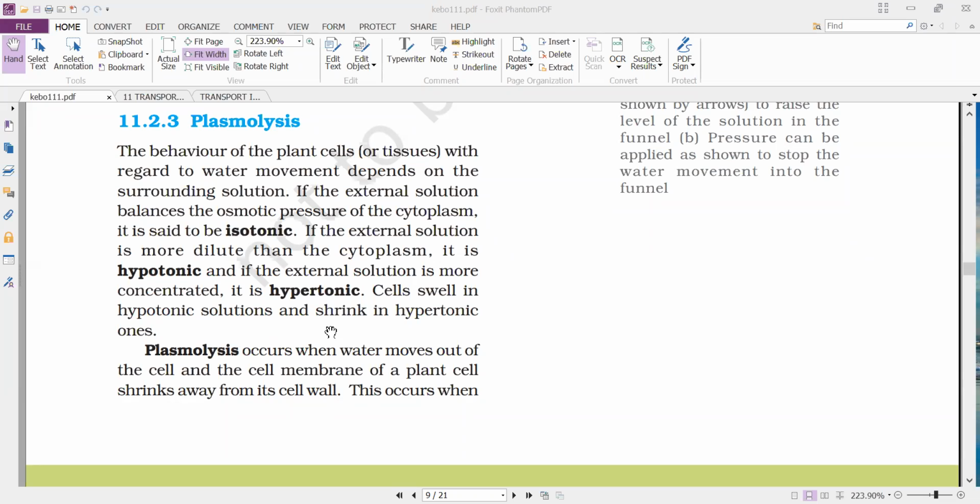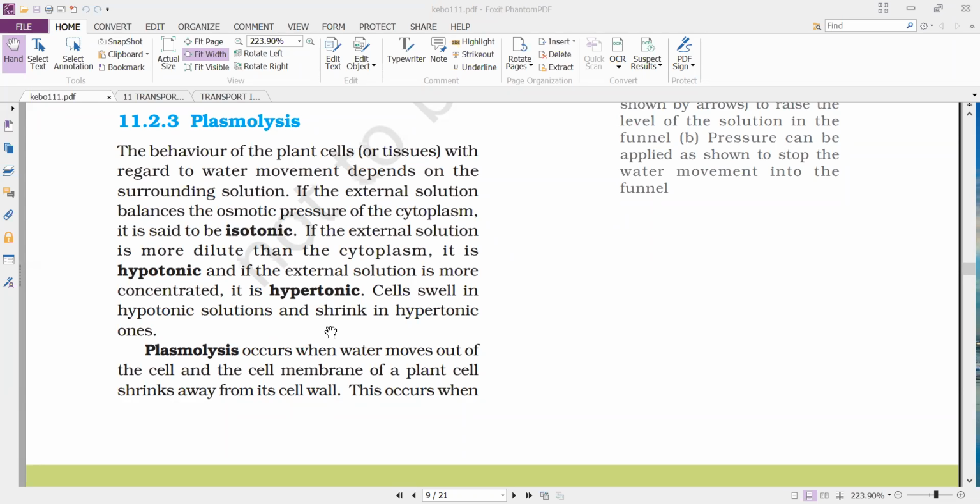The water will come out of the cell into the external solution because of the difference in their water potential. Here the cytoplasm of the cell has higher water potential, whereas the external solution has lower water potential. So continuously the water will come out till equilibrium is attained.